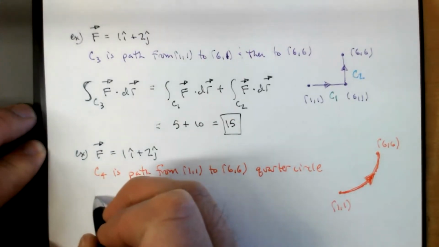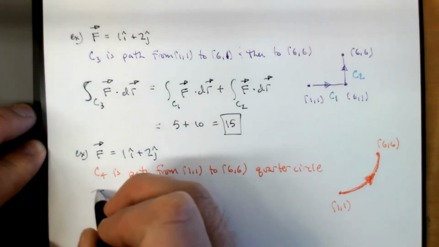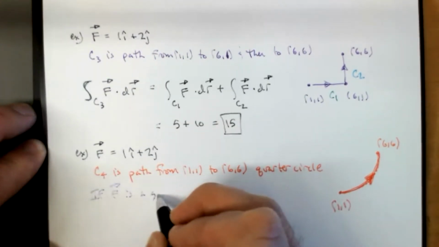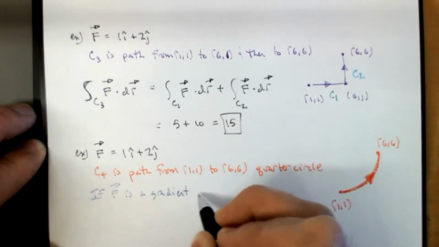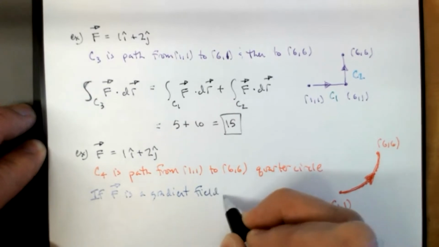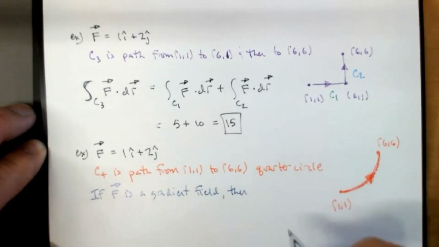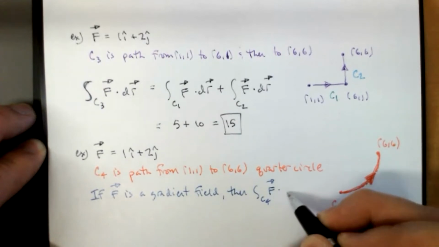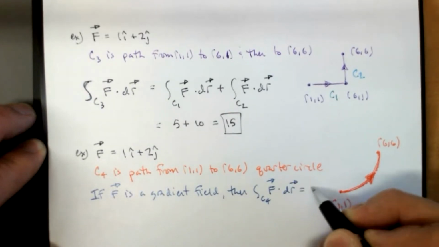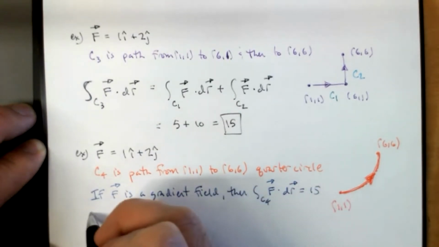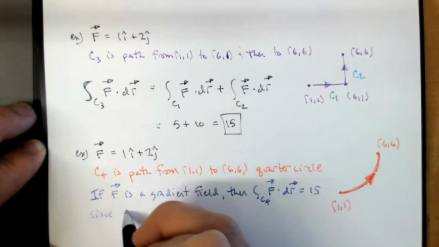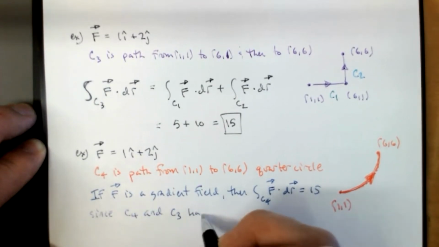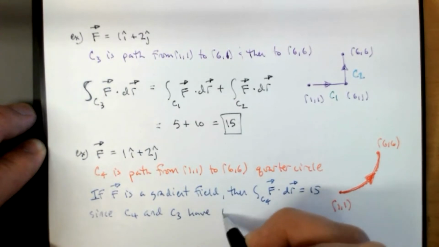If F is a gradient field, then the integral over C4 of F dot dr is equal to 15, since C4 and C3 have the same endpoints.